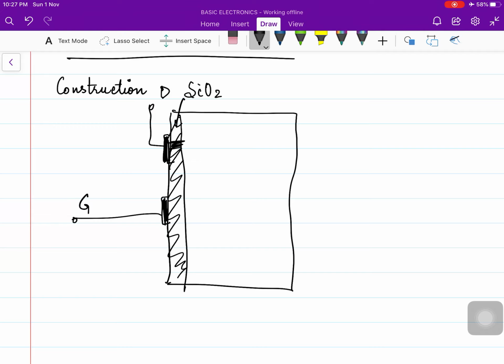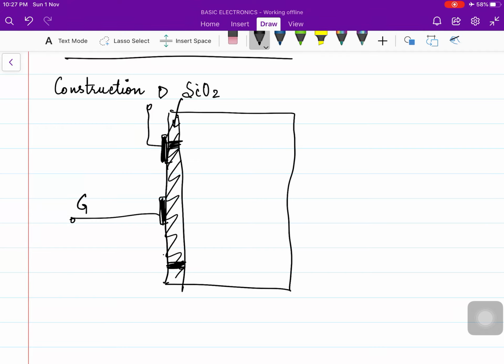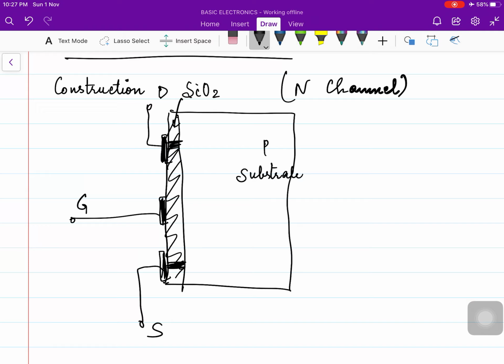Gate terminal will not be pierced, ohmic contact, because it is insulated, and this is source. Now if we are reading or understanding the construction of n-channel enhancement MOSFET, then the substrate has to be of p-type, as was the case of depletion MOSFET, so nothing new.